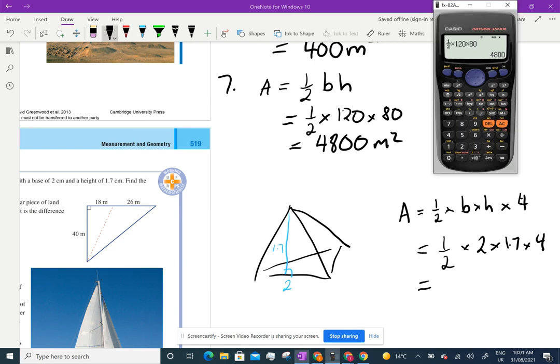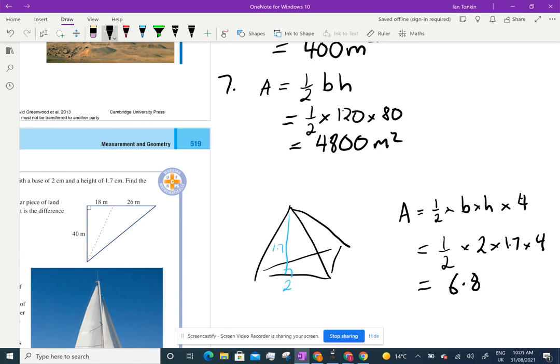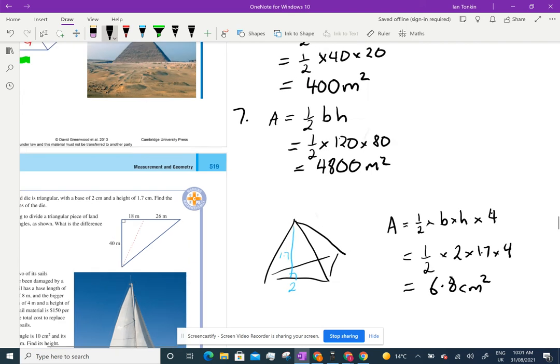So go to my calculator, and I go a half times 2 times 1.7, and I've got 4 faces. It's 6.8. What units was it in? Centimetres squared. Now that should be enough for triangles.